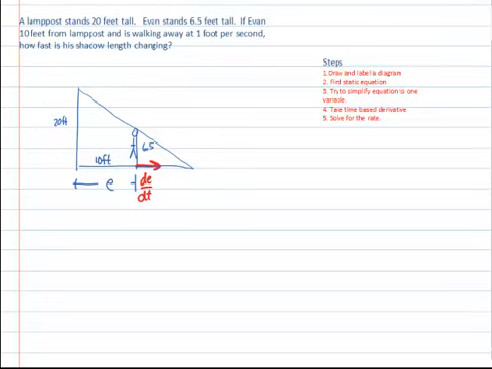And then we have the distance of the shadow, we'll just call that S, and I'm going to call that rate ds dt. Now what I want to do is calculate what ds dt is from the problem. So I'm going to pause the video, and I'd like you to try to come up with the relationships that you see in the picture that deal with E, S, ds dt, and dE dt.